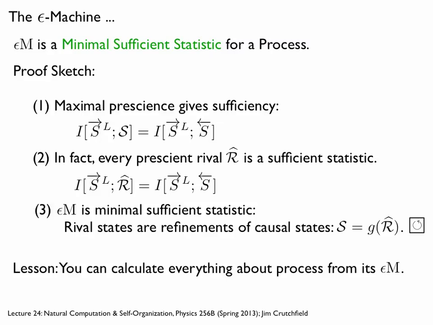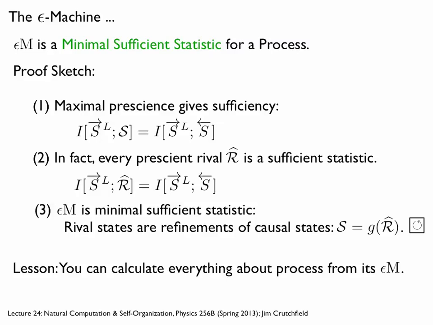Namely, the mutual information between estimating the word distribution and the causal states is the same thing as estimating the word distribution from the past. It's essentially just rewriting that prescience out in a different form for mutual information. But it turns out every prescient rival is a sufficient statistic.